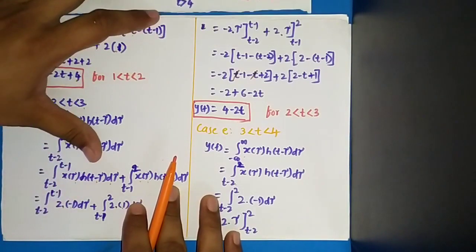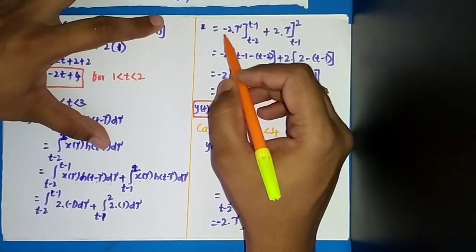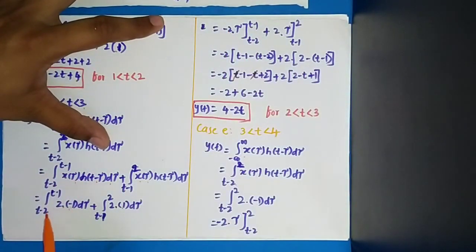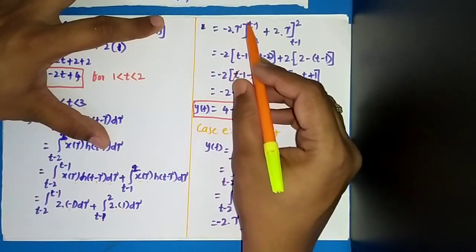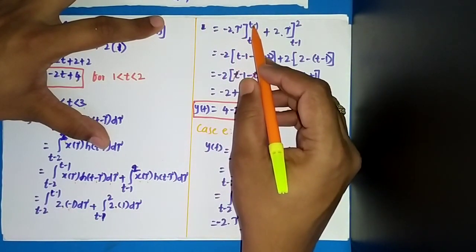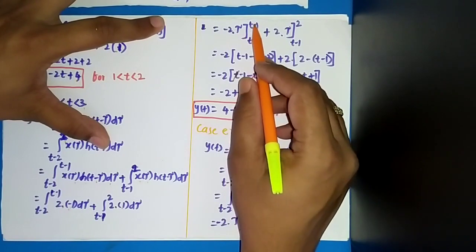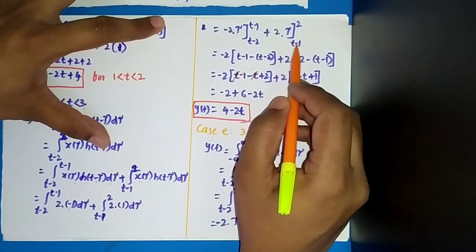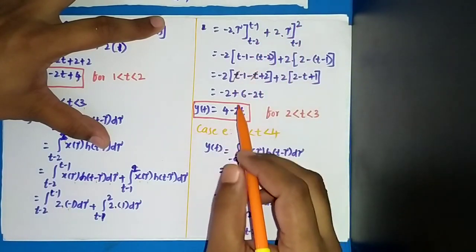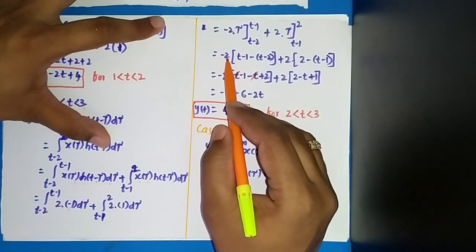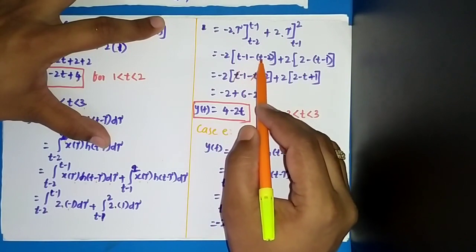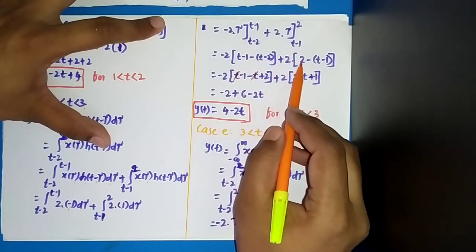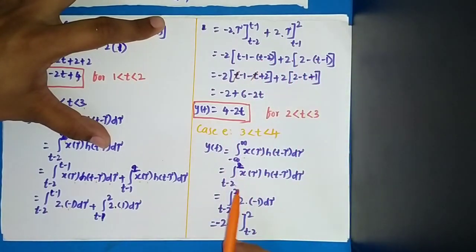Now if you integrate, the minus 2 term will come outside, then tau from t minus 2 to t minus 1, plus 2 into tau from t minus 1 to 2. Substitute these values, it will be minus 2 times t minus 1 minus of t minus 2, plus 2 into 2 minus t minus 1, okay.